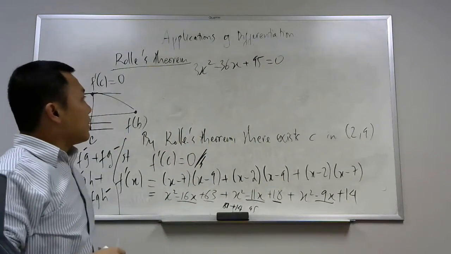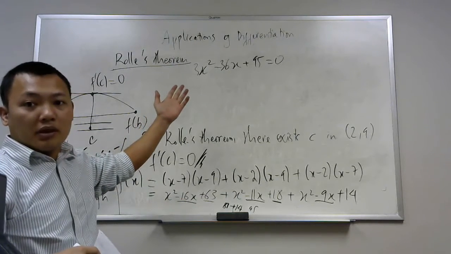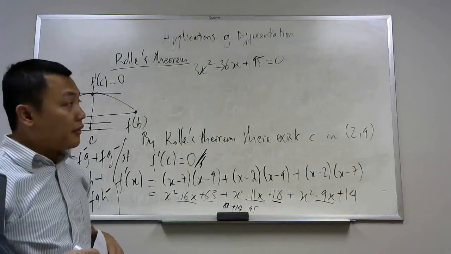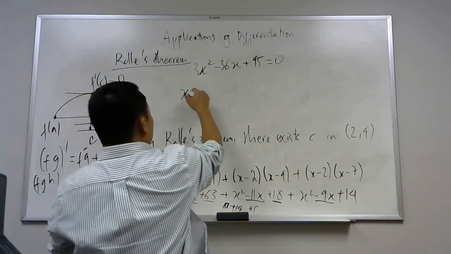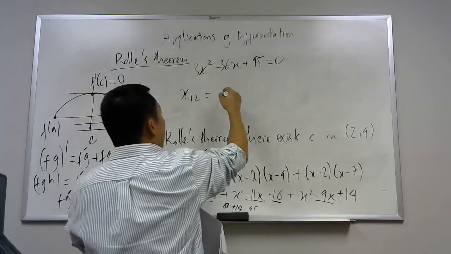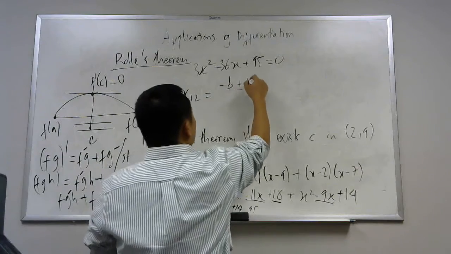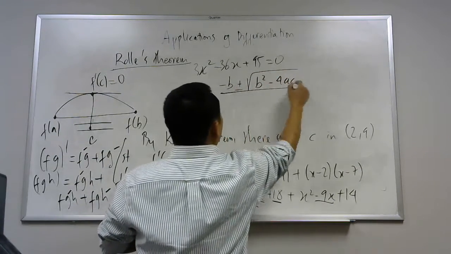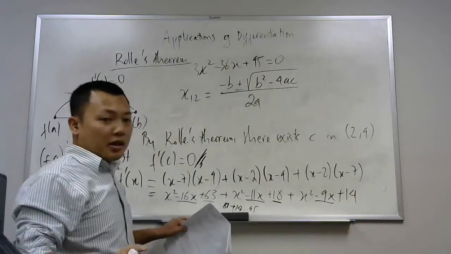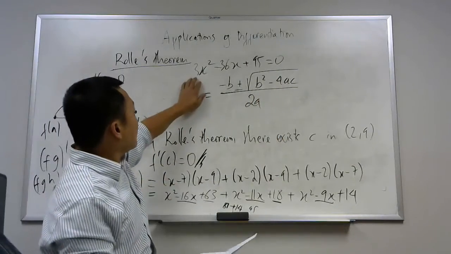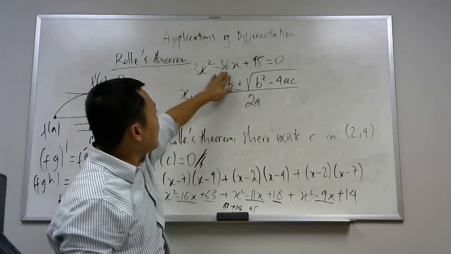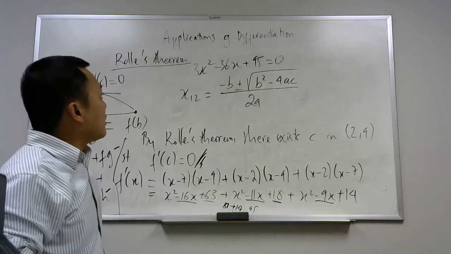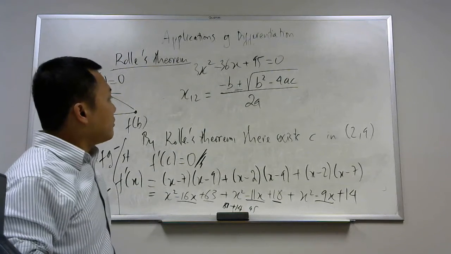That's okay. And we have a quadratic equation, right? So in this case, we need to use the quadratic formula, which is x1,2 equal to minus b plus or minus the square root of b squared minus 4ac, over 2a. You plug in a, where a is 3, b is negative 36, and c is 95.